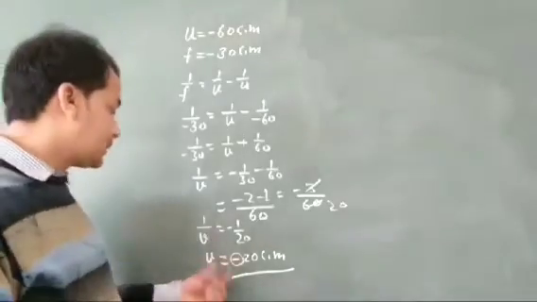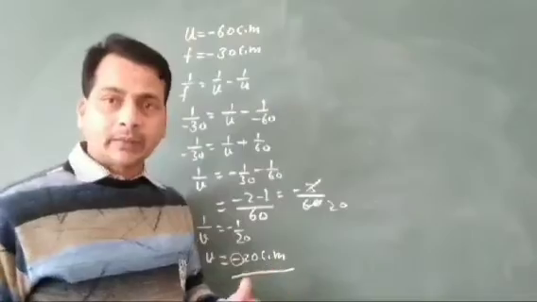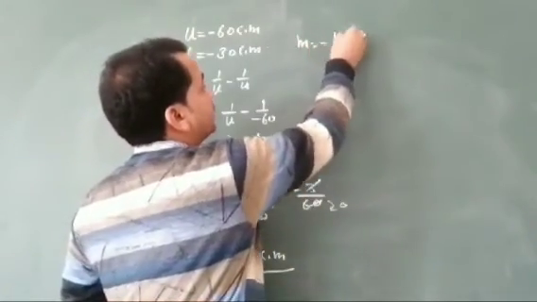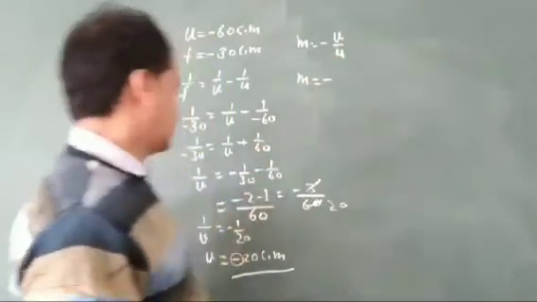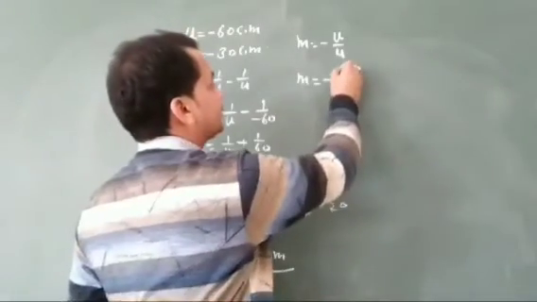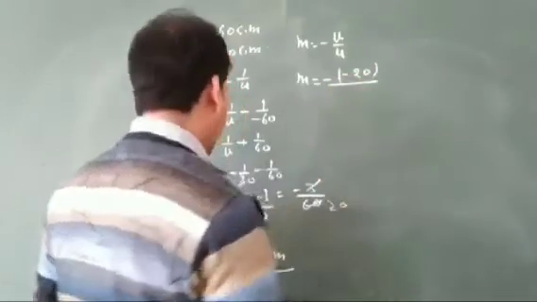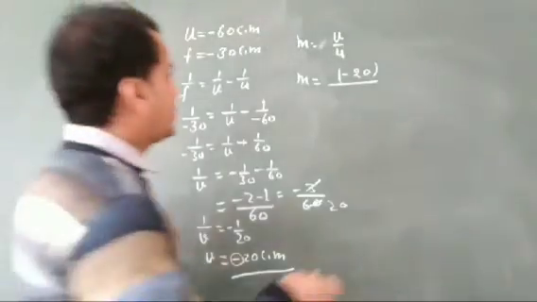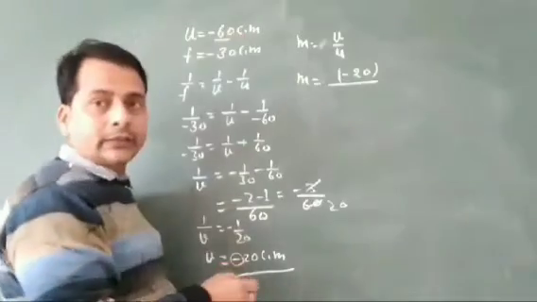Here is the magnification of the concave lens: m equal to minus V by U. Then m equal to minus the image distance, minus 20 centimeter, over the object distance, minus 60 centimeter.